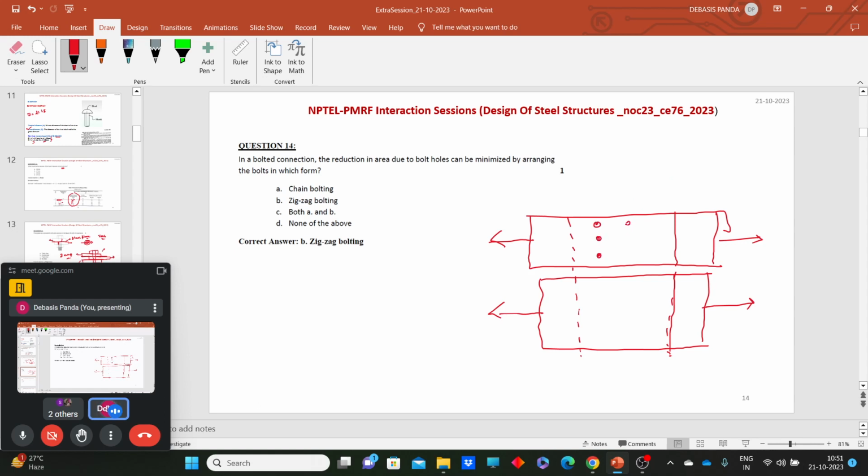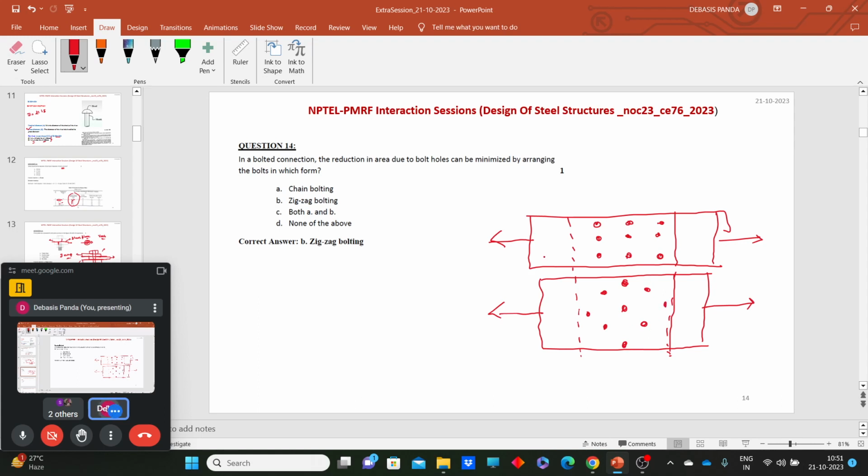Say in a chain bolting we are providing 9 bolts, 3 in each column. Now the same arrangement we are making here, like 1, 3, and symmetrically on the other side.